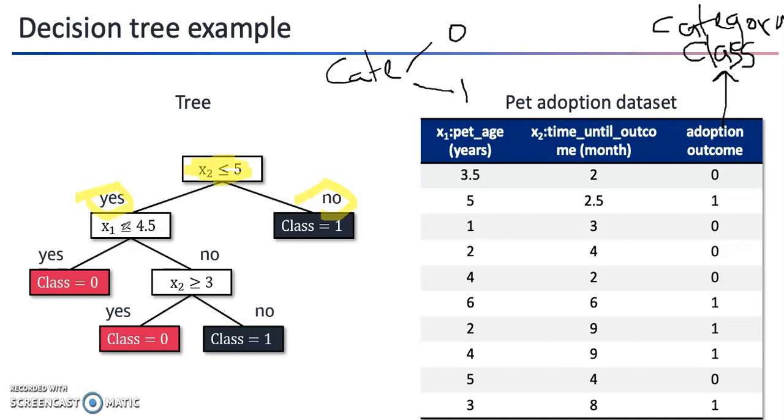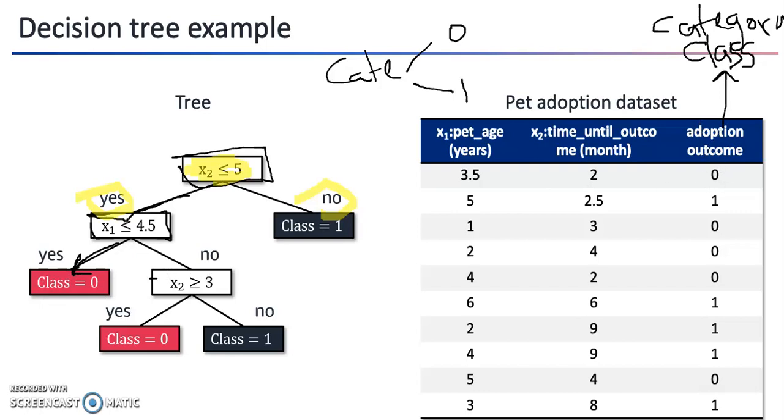So the way we read the tree is we start with this condition. If that condition is satisfied, it goes into another node that has another condition relative to x1, the first column, about being less than or equal to 4.5. If that is a yes, then it leads to a value of 0 for the adoption outcome.